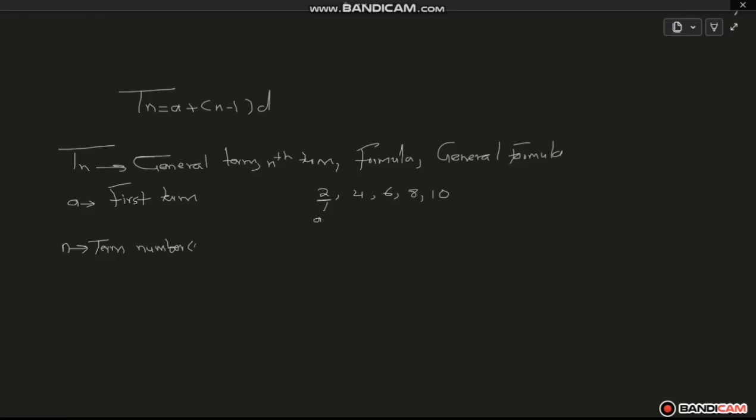It tells us the position of a term, but altogether it tells us the number of terms in a sequence. As you can see, these numbers that I'm highlighting here, all of them, they are 5, meaning that the term number here is 5. Why? Because we're having 5 terms.